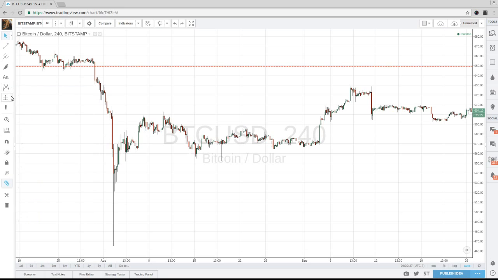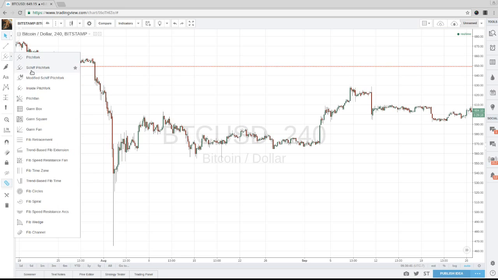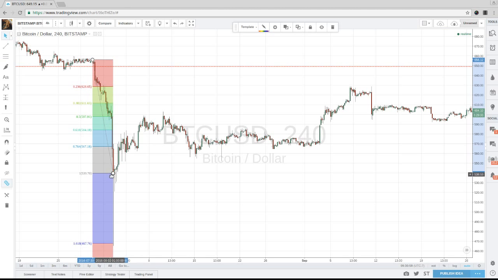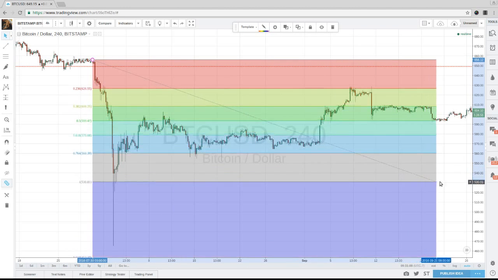And here with the pitchfork, there's a number of things. Some people love fib retracements, you know, so you could do something simple like this is the basic fib retracement. You could take, let's just take the bottom of this candle, and you can go up here and extend it.